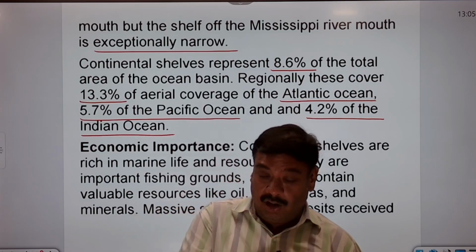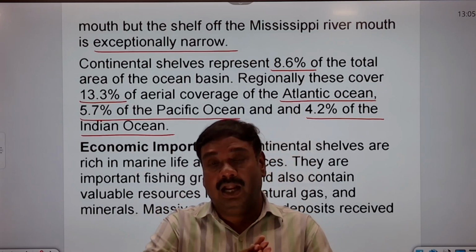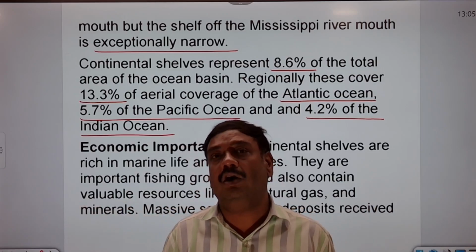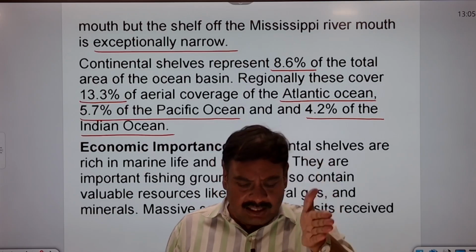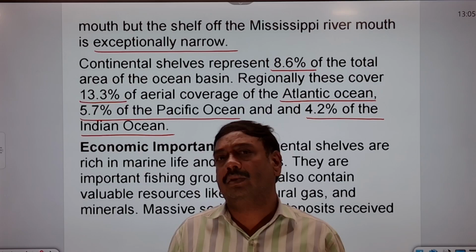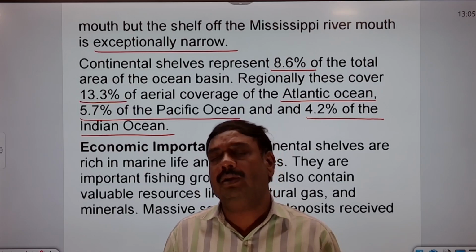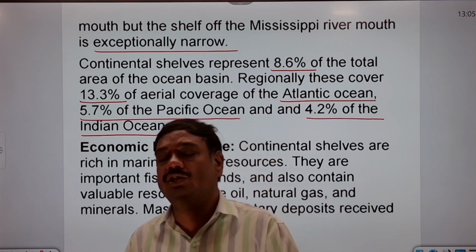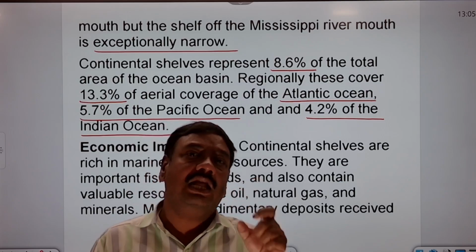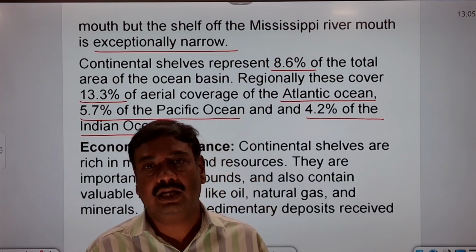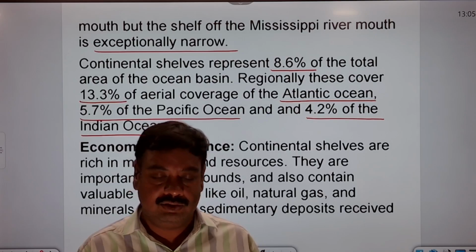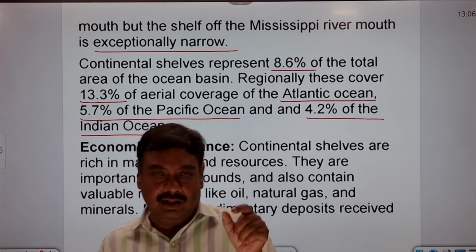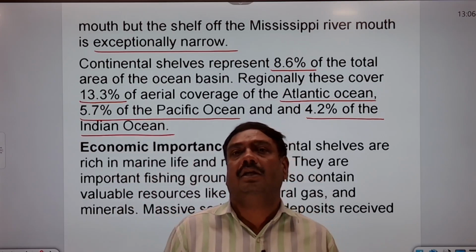So, on the one hand we have the largest ocean in the form of the Pacific Ocean. Secondly, along the west coast of North America and South America, or the eastern margin of the Pacific Ocean, there is less extension of the continental crust in the form of continental shelf, so there is a narrow continental shelf there.